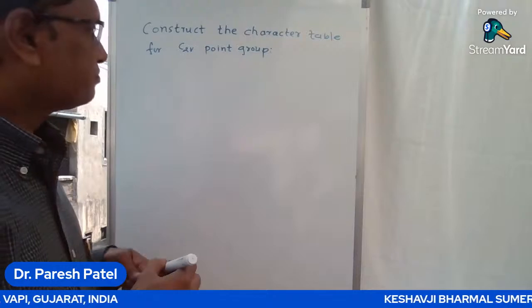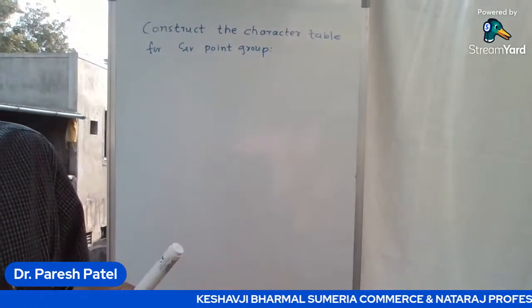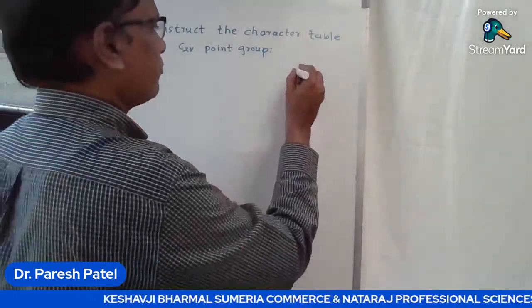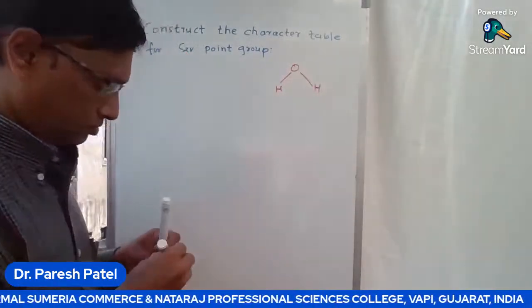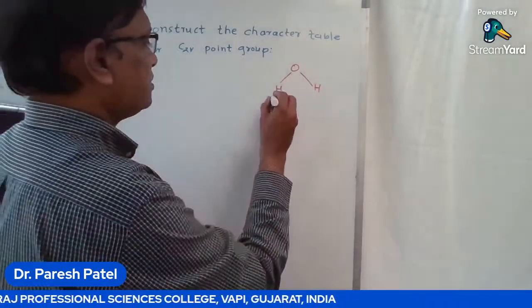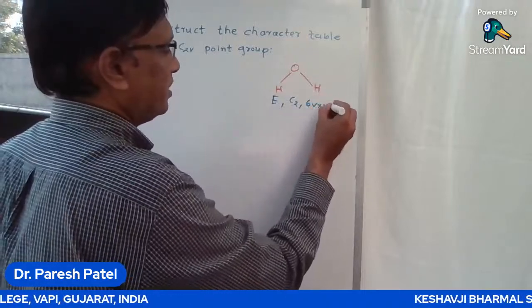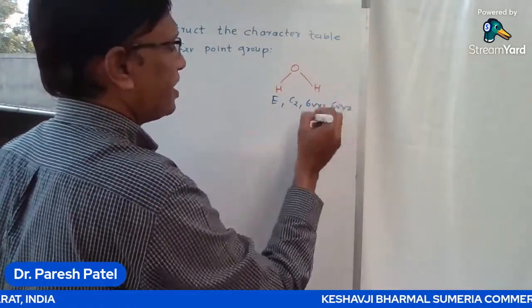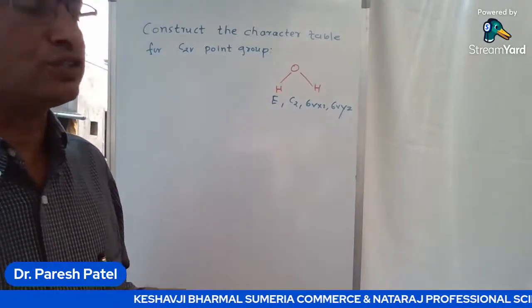Let us consider a water molecule. It belongs to the C2V point group. This molecule consists of E, C2, sigma V XZ, and sigma V YZ symmetry elements, and it belongs to the C2V point group.